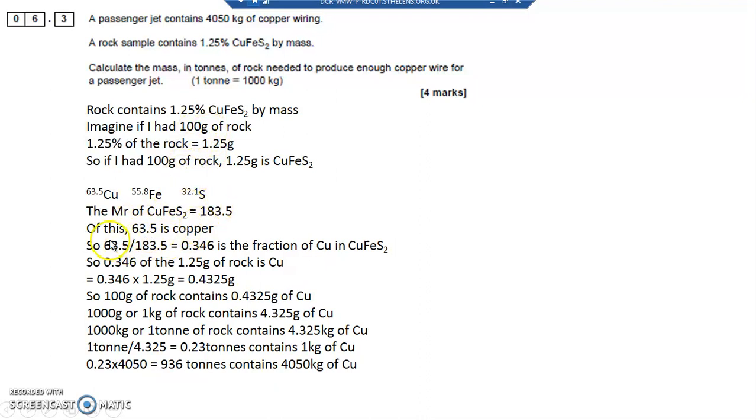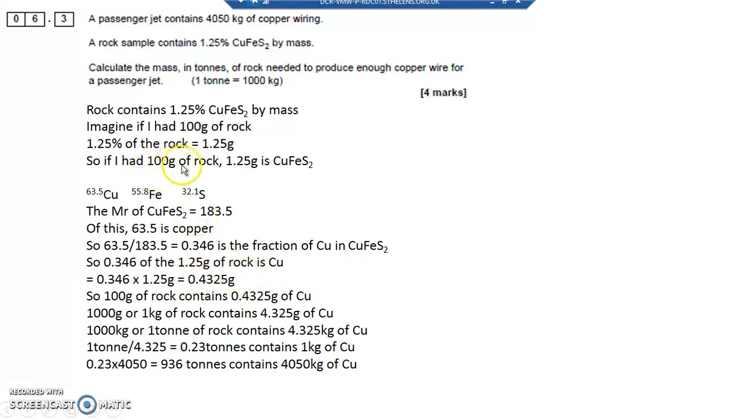So as a fraction, 63.5 divided by 183.5 is 0.346. That's the fraction of this CuFeS2 that is actually copper, around about a third. Multiply the fraction by the 1.25 grams, and I get 0.4325 grams.